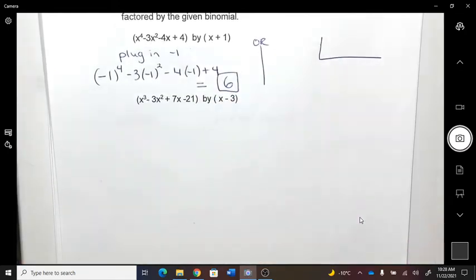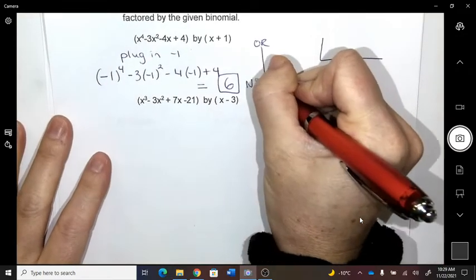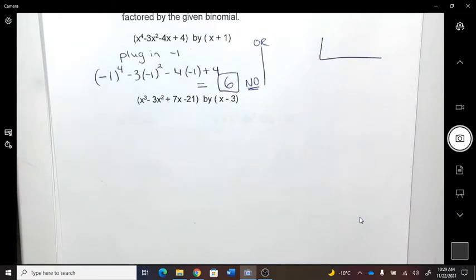Anybody with a 6? Okay, you better answer the question though. It says whether it could be factored. So yes or no? No, it's not factorable by that.